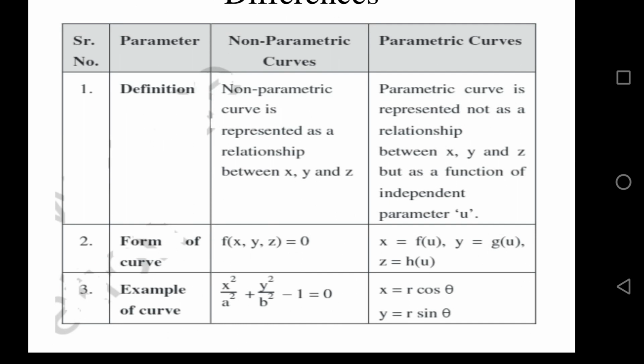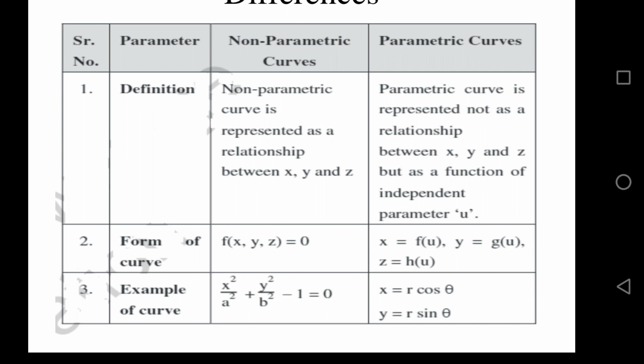You must see the difference: non-parametric is represented by x, y, z, while parametric is represented by x, y, z along with the independent parameter. In non-parametric, the curve is a function of x, y, z, and in parametric, x is a function of u, y is also and z is also a function of u.